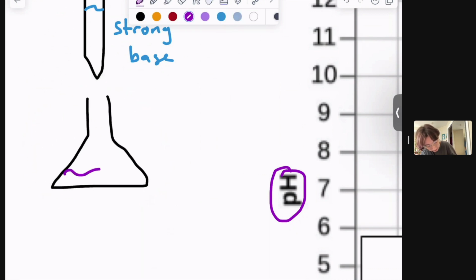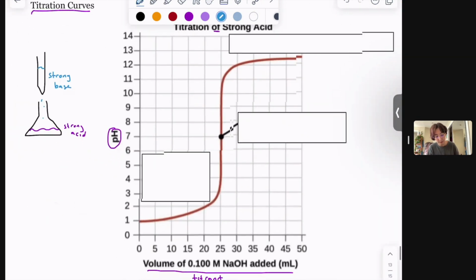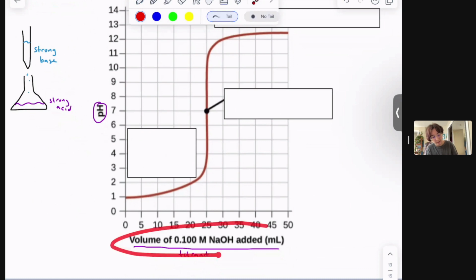And we are dripping it into an amount of strong acid. Okay, so that's the setup. So down here, this x-axis is saying, starting at 0, I'm just dripping it until eventually I add 25 mL of the titrant. So this is the beginning of the reaction, when you start the experiment, and this would be the end of the experiment.